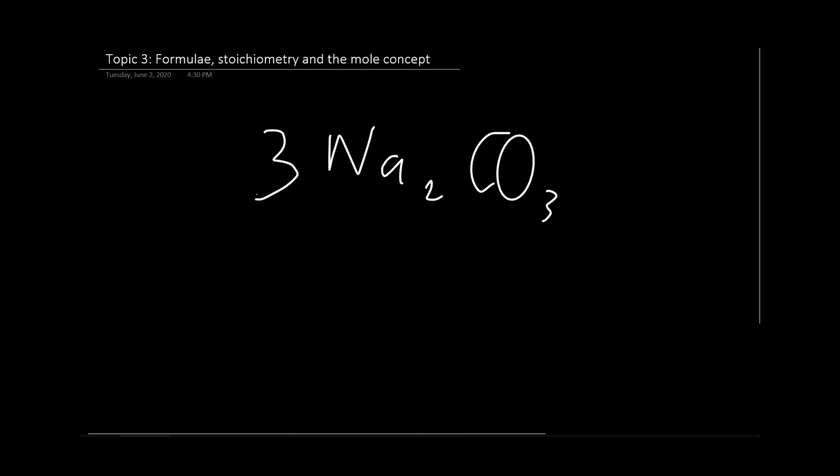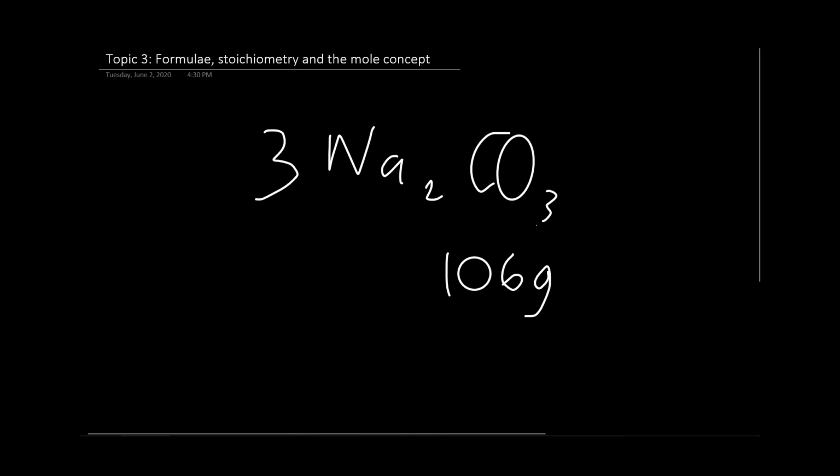As seen for the first example of our second tutorial, the relative formula mass of sodium carbonate added up to 106 grams. So, according to the mole concept, the amount of sodium carbonate that will have a mass equivalent to 106 grams is 1 mole of sodium carbonate.